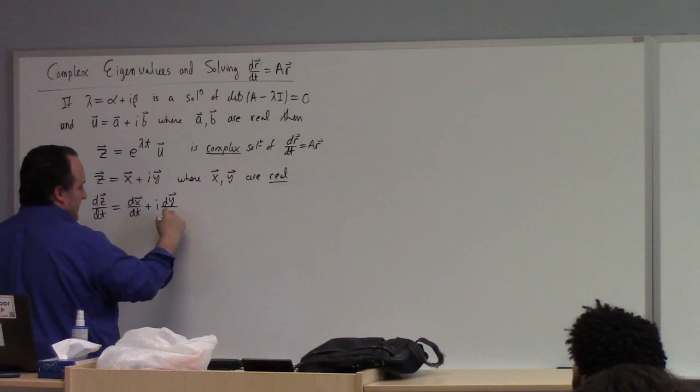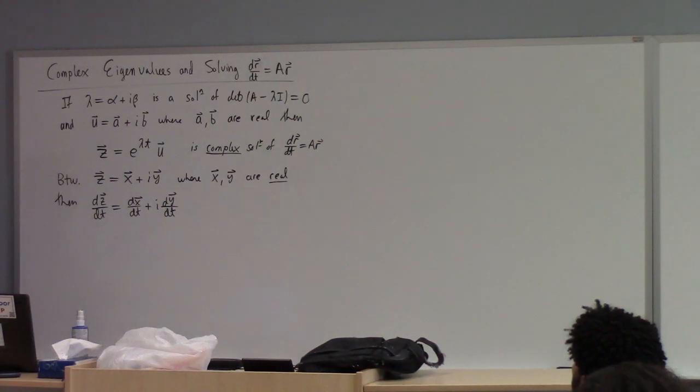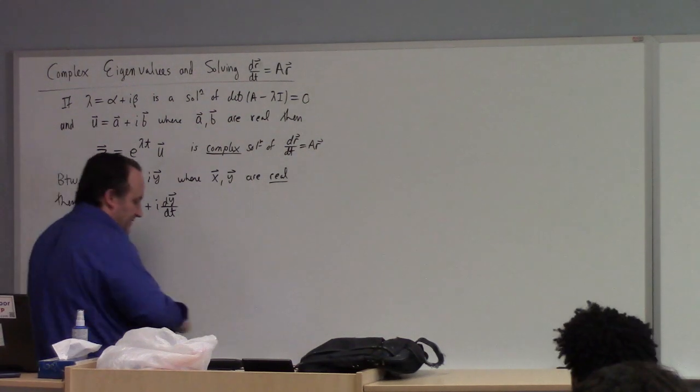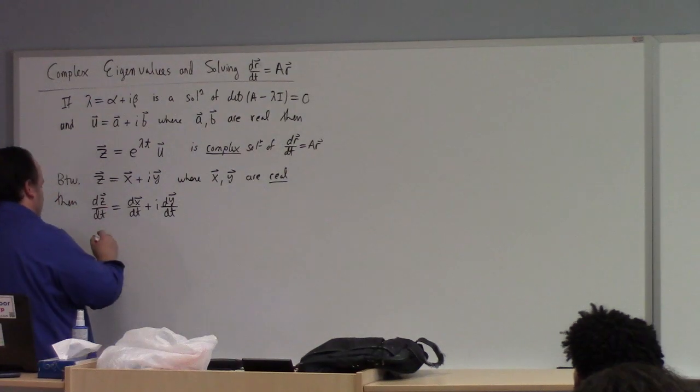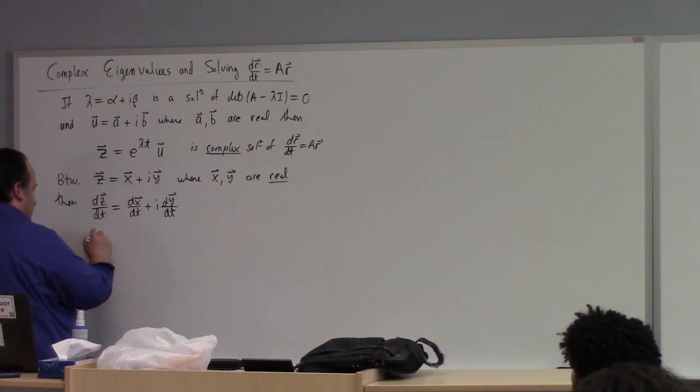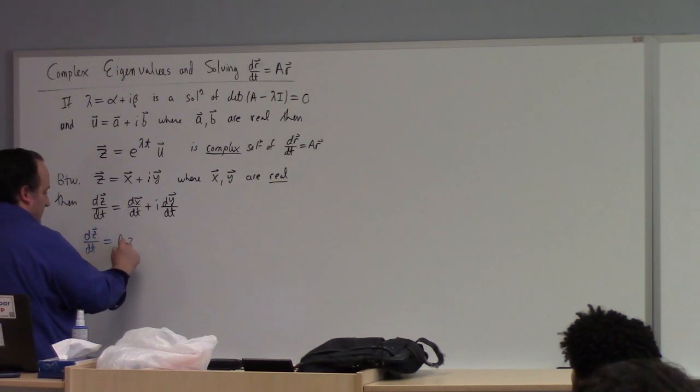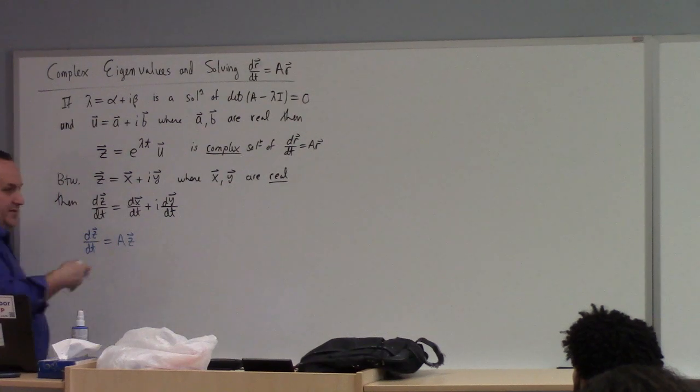That's how we differentiate a complex valued function of t. We just differentiate the real part and the imaginary part separately. And because of this, notice what happens here. We have dz/dt, which is equal to A times z by the calculus I shared with you guys in the previous class.